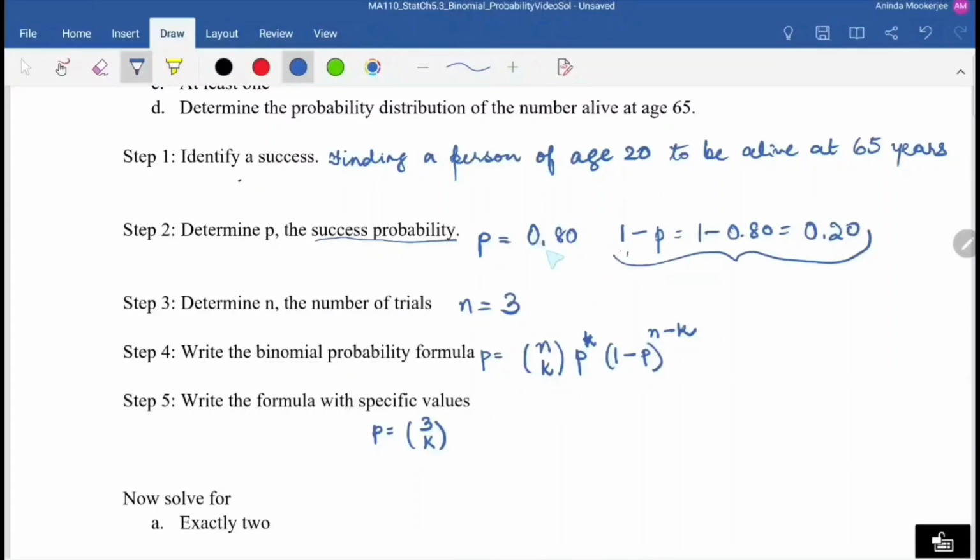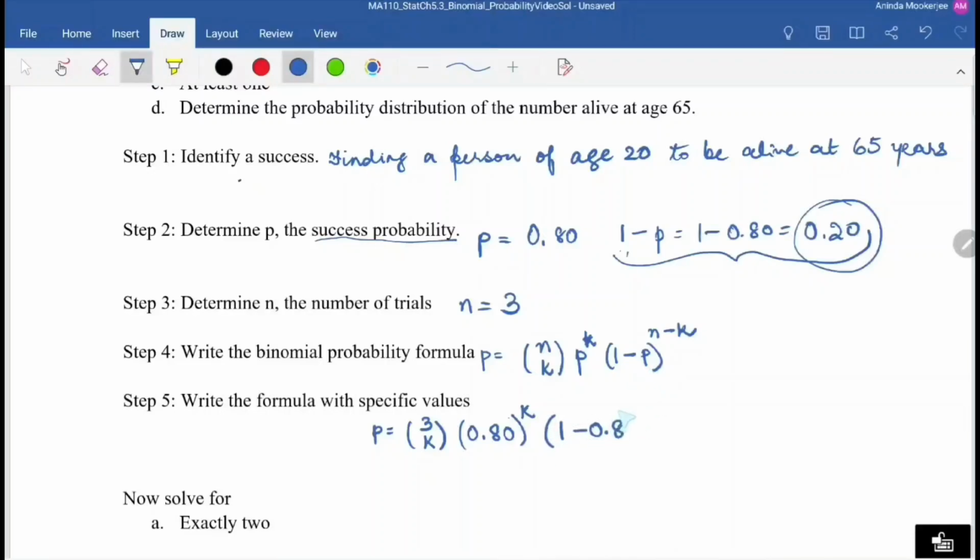P is 0.80. For this question, P is going to remain the same for the rest of this problem. So 0.80 raised to the power K. Again, K will be determined by the different events whose probability we are trying to find. 1 minus P we already found, 0.20. But let me just write it as 1 minus 0.80.